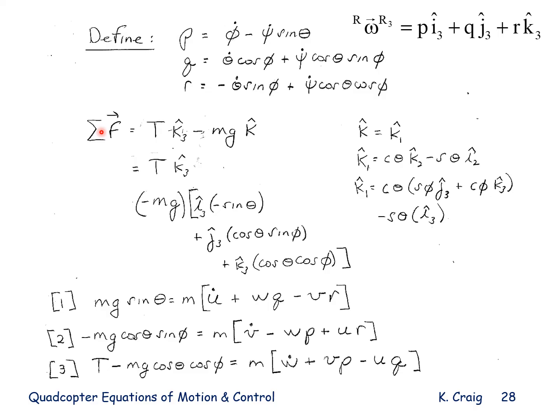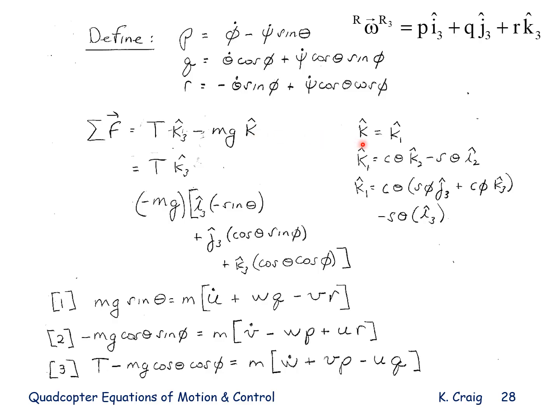The summation of all the external forces acting on the quadcopter from the environment is equal to the thrust, and that vector is in the K3 hat direction, which is the Z component of the body fixed axes, minus the weight, mass times acceleration due to gravity, and that is in the minus Z direction of the inertial reference frame. I need to express the K hat unit vector in the inertial reference frame in terms of the unit vectors of the body fixed coordinate system.